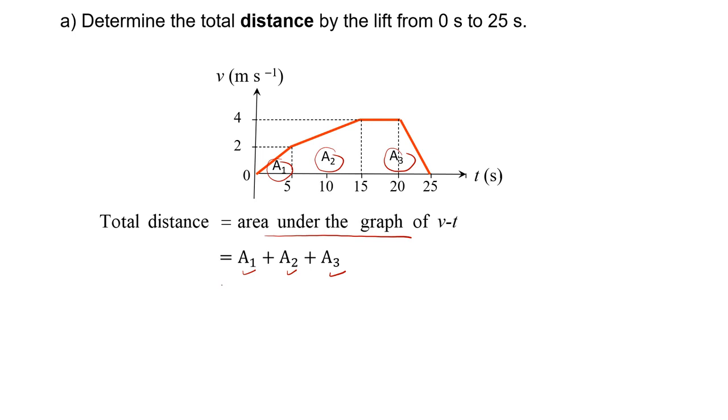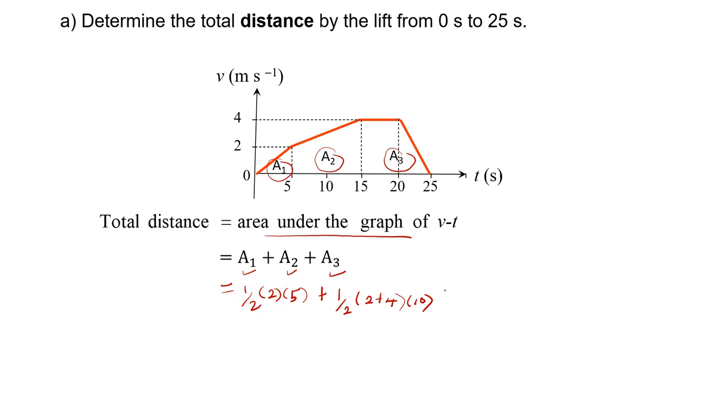We calculate area A1: 1/2 multiply 2 and then multiply 5. Area A2: 1/2 multiply 2 plus 4, multiply 10.